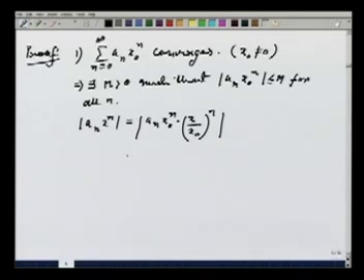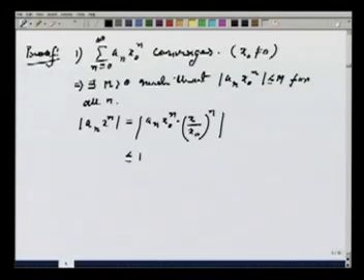If I separate the modulus, it would give me, using the previous inequality, that modulus of a n x naught to the power n is always bounded. It is less or equal to m times mod x by x naught whole to the power n.